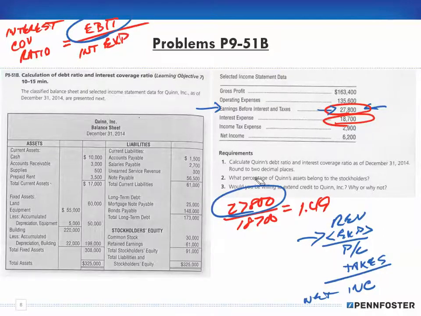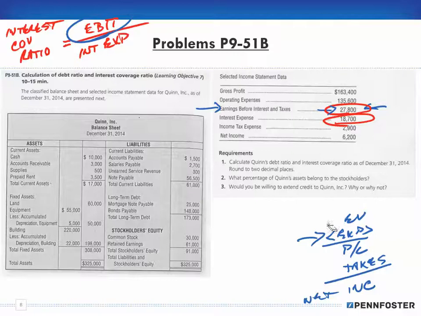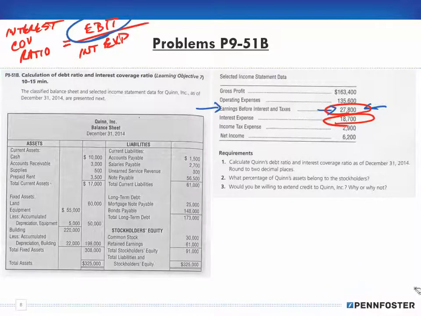But I'm not going to go over all of that in detail because that's in the theory videos. So go back and watch those, and if you still don't get it, then feel free to telephone an instructor, but watch the videos. All right, so 2, what percentage of Quinn's assets belong to the stockholder?